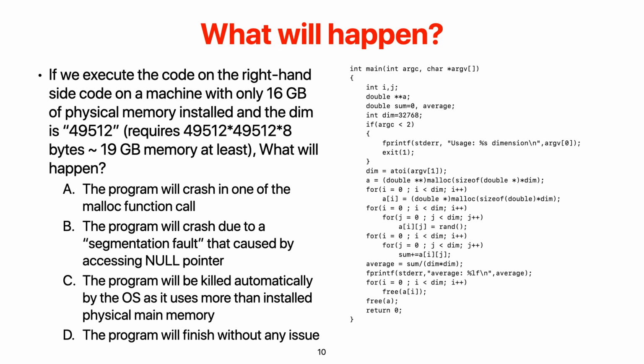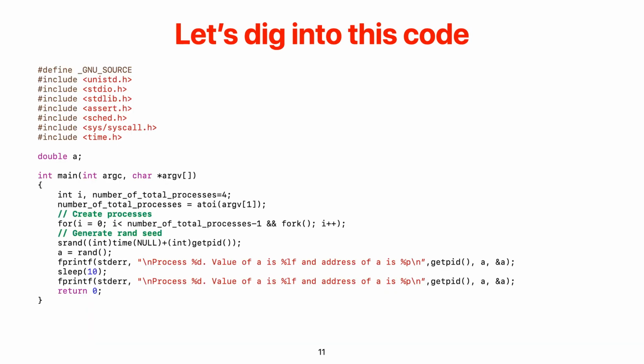If you execute the code on the right hand side with only 16 gigabytes of memory, what will happen? The answer is the program will finish without any issue, even though it may use more than the allowed memory space. So that's one thing.